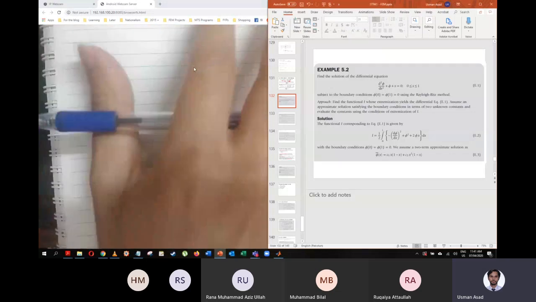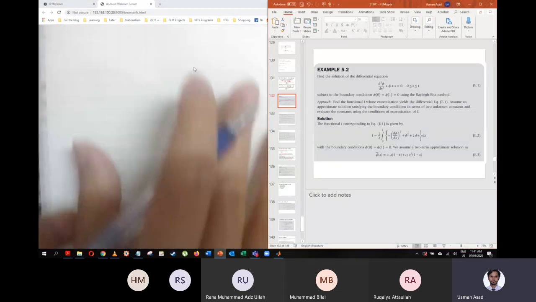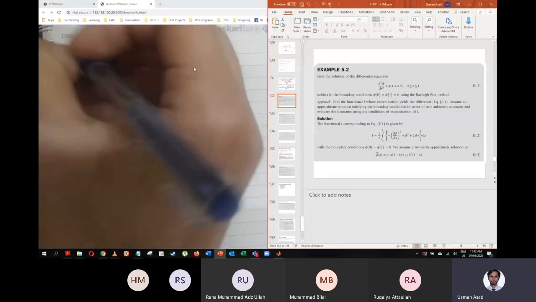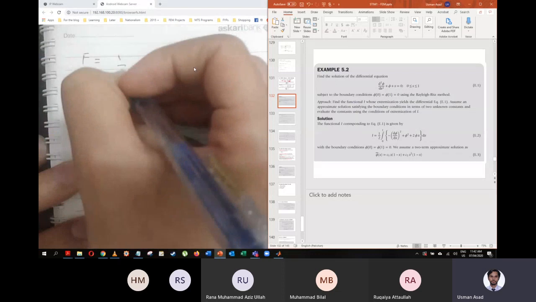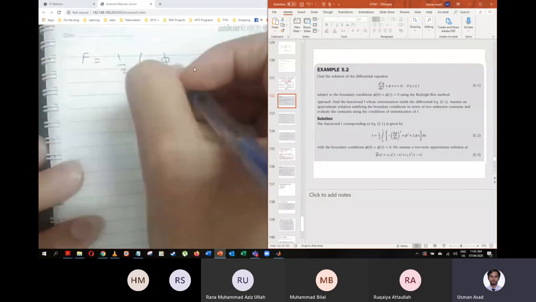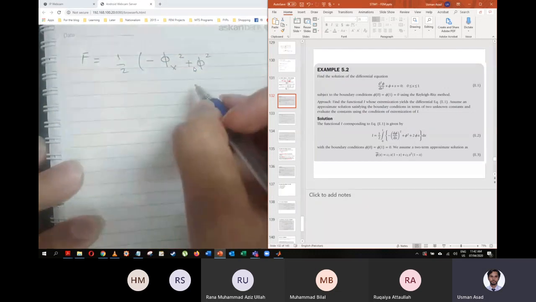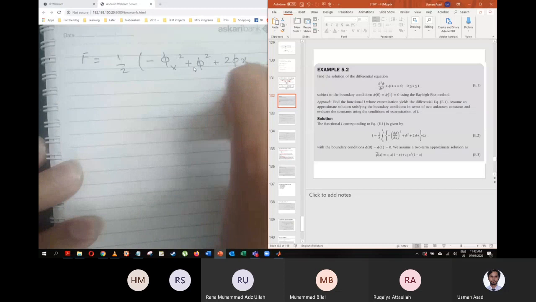Okay? So for example, here the claim is, this is a third example, after this hopefully some clarity should come. If my functional is indeed half of minus u x square plus u, sorry, u was not it, this was phi x square plus phi square plus 2 phi x, okay?